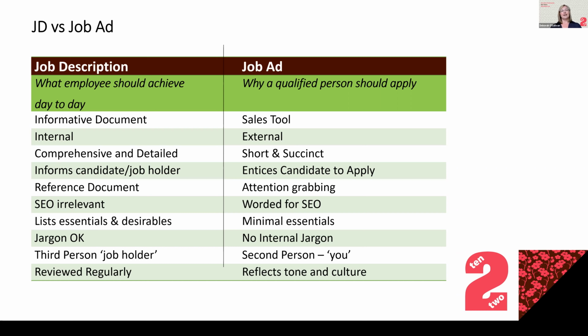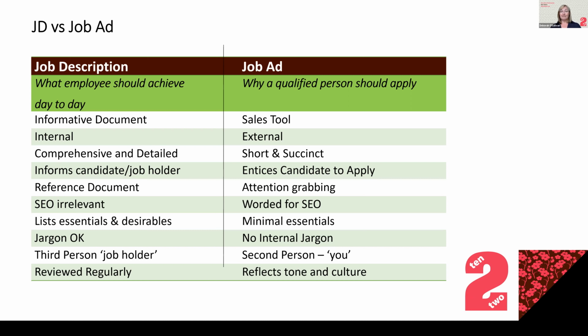So I'll just whiz down. You can obviously read it for yourself, but the job description is going to be informative, comprehensive and detailed, and it's going to inform the job holder or the candidate. Whereas a job ad is very much externally focused, it's short and succinct, and hopefully entices the candidate to apply. So it'll be attention grabbing. It's a marketing tool, really.